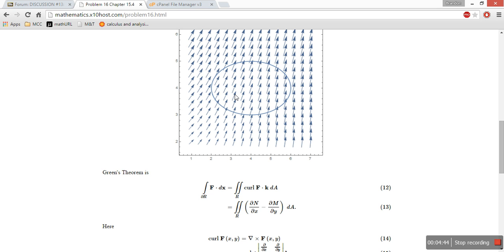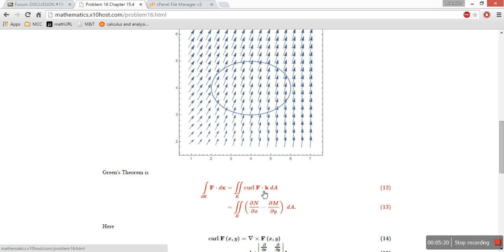But we can use Green's theorem, and we see that the integral over the boundary of this region, which is our contour gamma, of the vector field dotted with the differential, which contains the parametrized contour that we're traversing in the integral, is equal to the double integral over the region contained within the contour of the curl of our vector field dotted with the k basis.